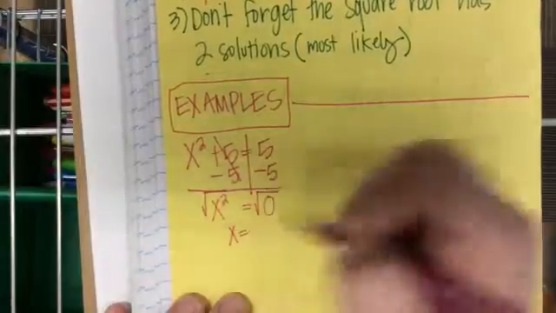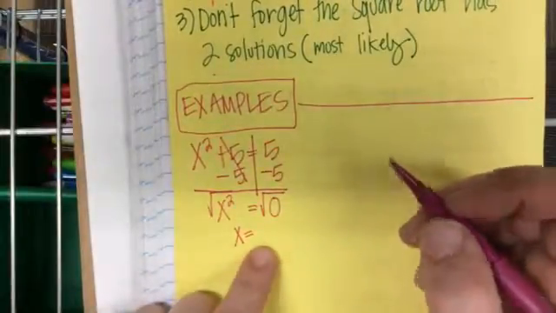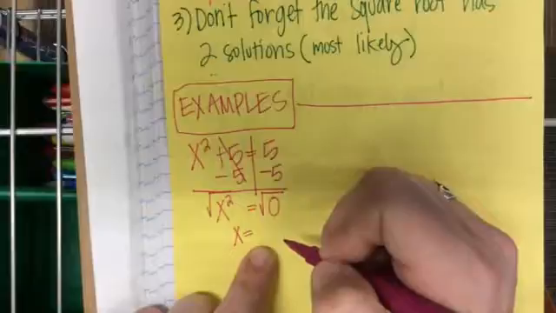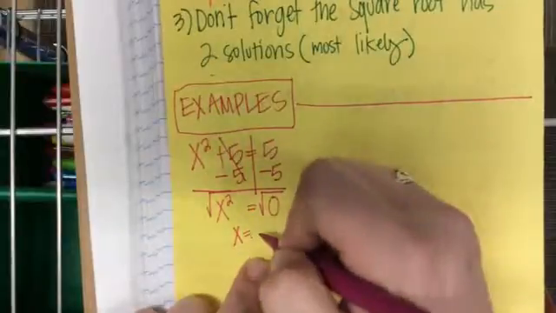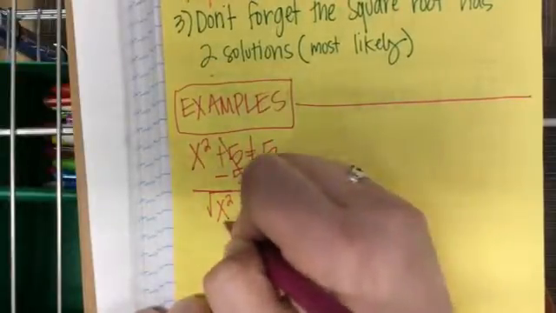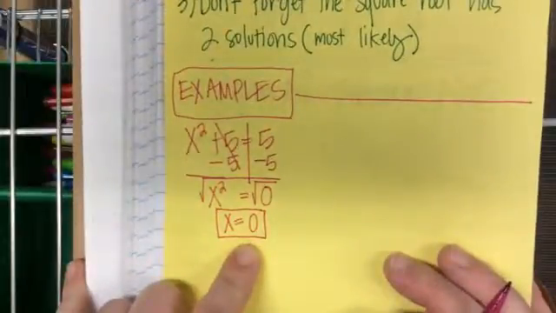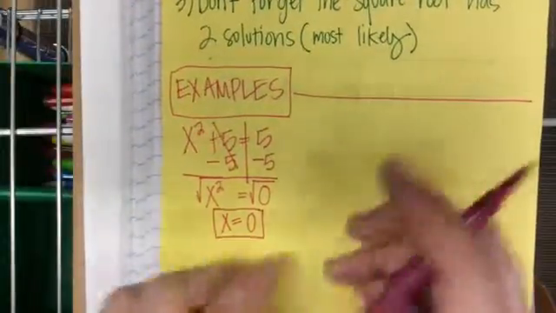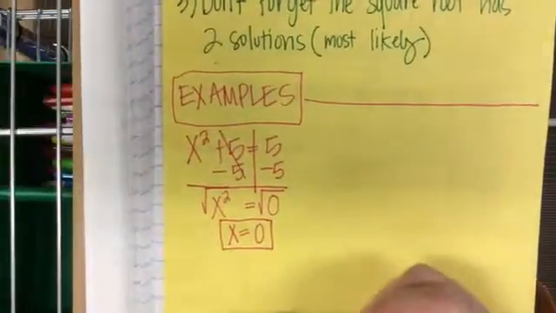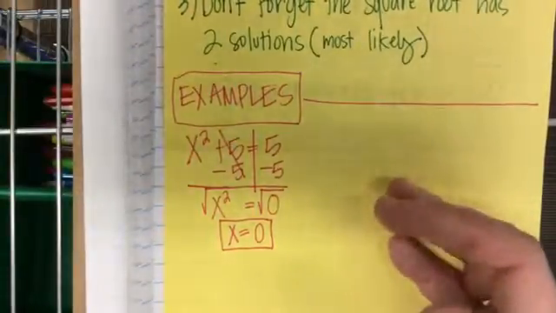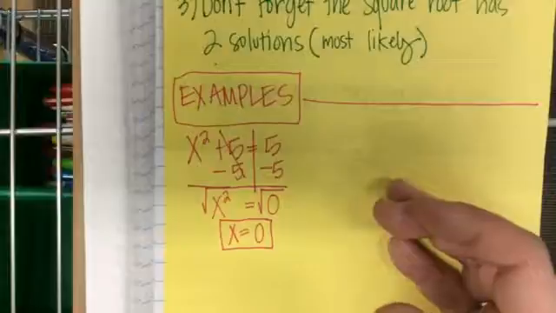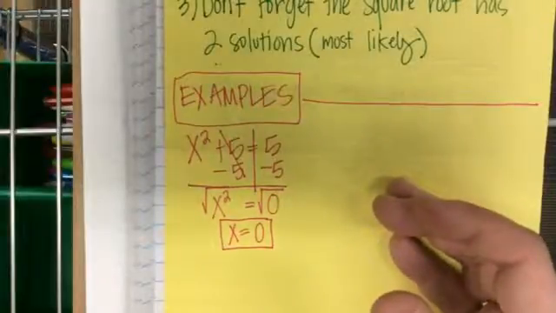So x equals, what's the square root of 0? 0. What about negative 0? There's no such thing as negative 0, so it's just 0. This crosses the x-axis only at 0.